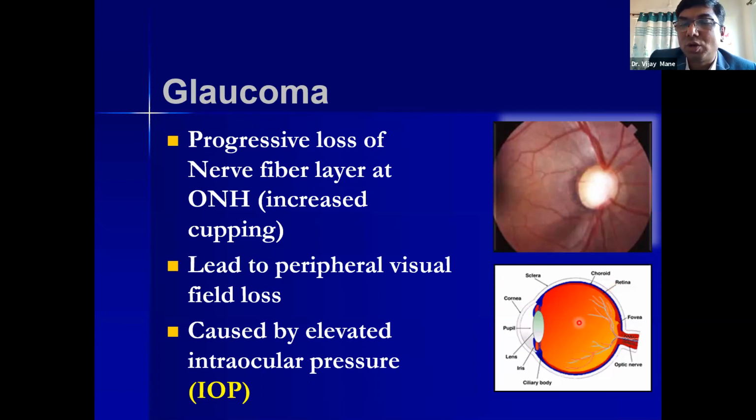If this pressure is too high, this particular part, from where all these blood vessels come and from where all these neurons or nerve cells emerge, may be blocked or may have that pressure exerted on it. That may be one problem. Another problem is that the blood vessels are very tiny.